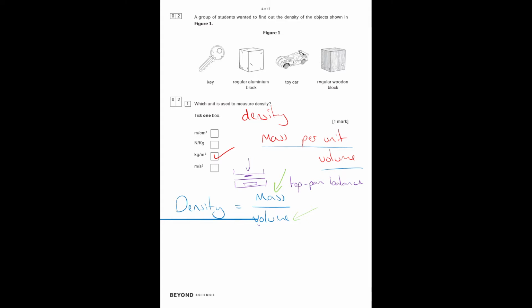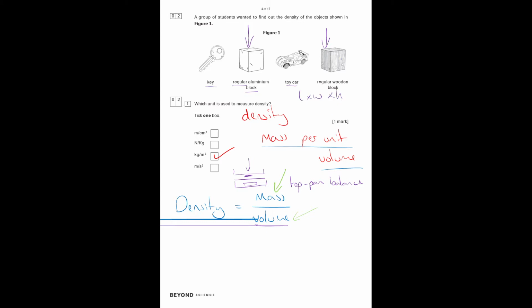However, the volume I can't obtain for all of these objects in the same way. Some of them, perhaps you've realized, are easier than others. This one here and this one here. Why so? Well, they're regular blocks, whereas these objects, the key and a toy car, are irregular. They don't have an easily definable shape. We know that the volume of a block like this, a cube or a cuboid, can be calculated by doing length times width times height.